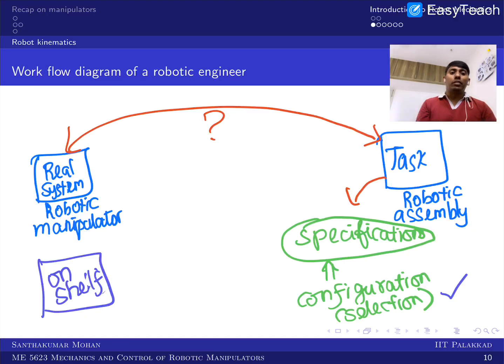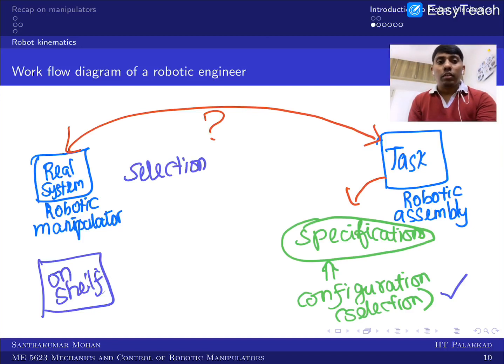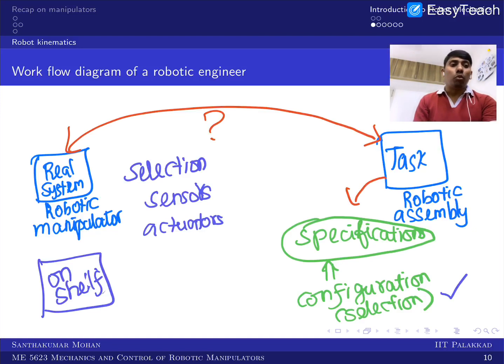But now imagine you are a design engineer or robotic engineer, you have to make this. So what would be coming from the manipulator side? You have to select the sensor which needs to make it a closed loop. You have to select the actuator, what range, all those things.